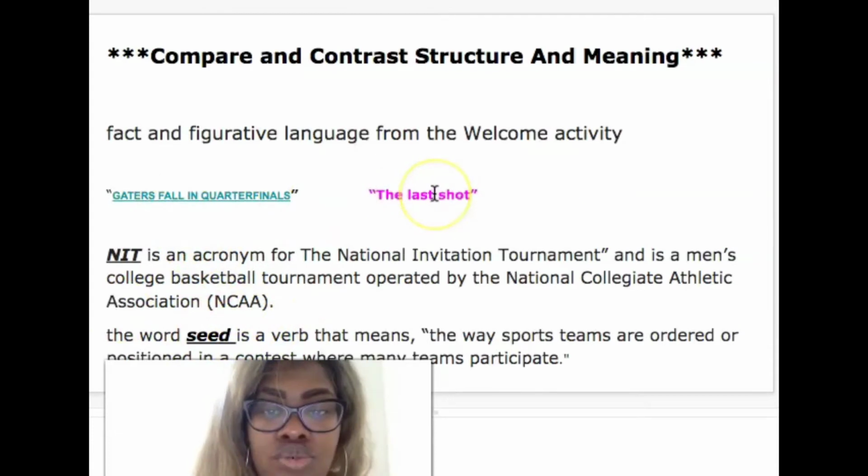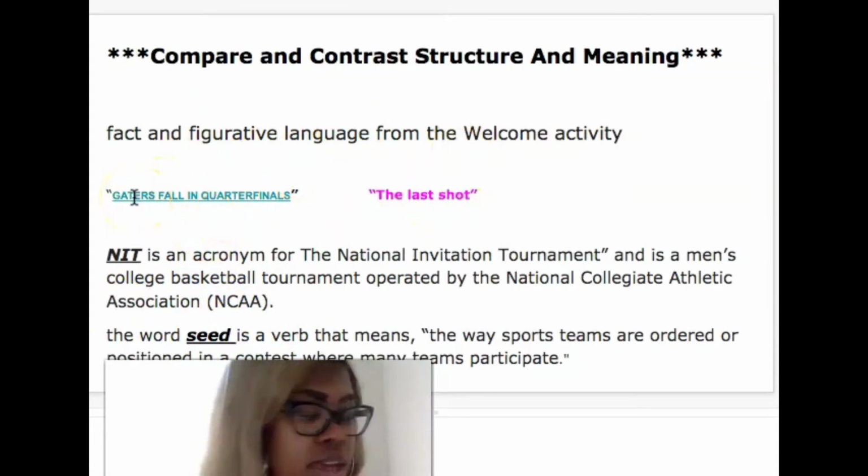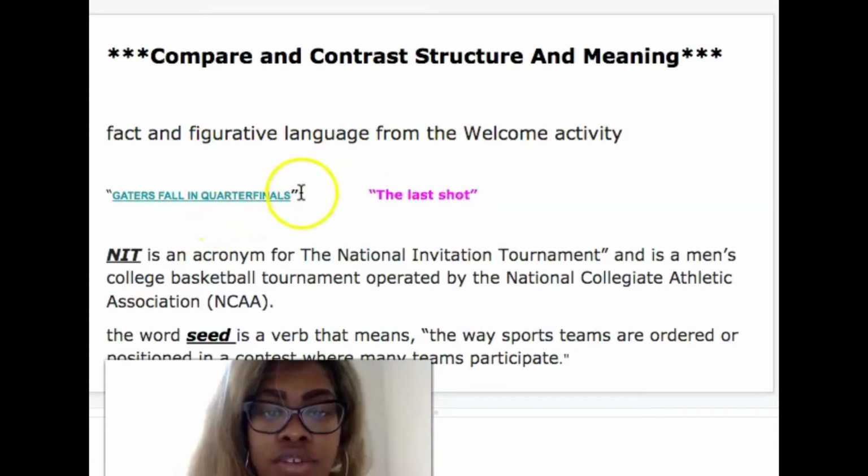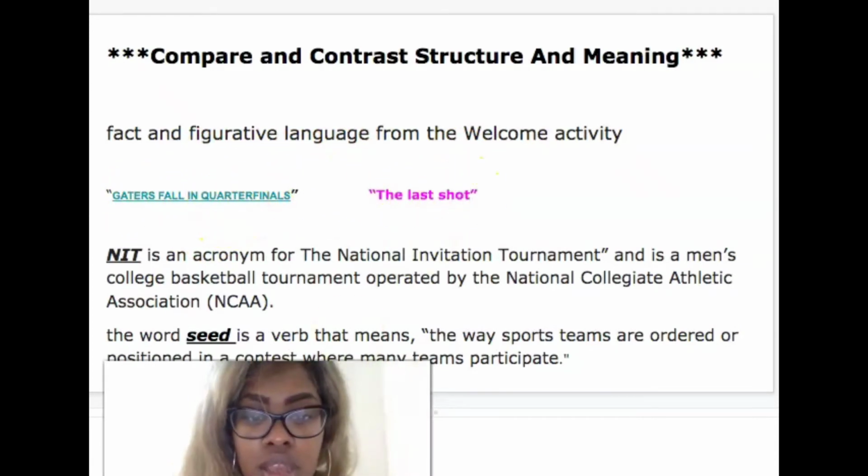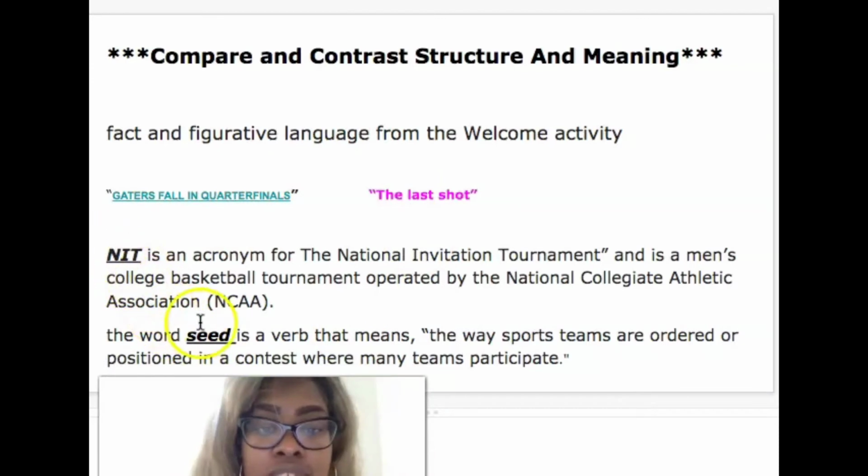Here I have two articles. We have Gators fall in quarterfinals and the last shot. Before you guys begin these two, I want you to look at the acronym NIT. It stands for National Invitation Tournament, and it is a men's college basketball tournament operated by the National Collegiate Athletic Association, or the NCAA.